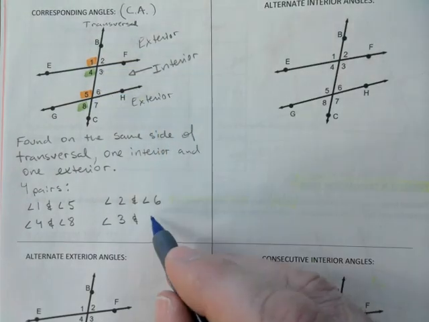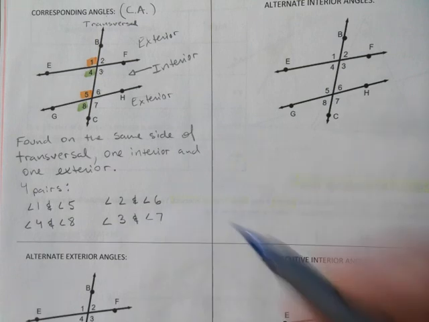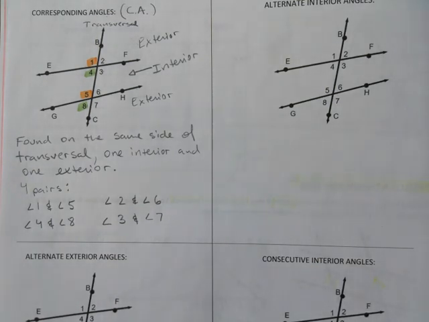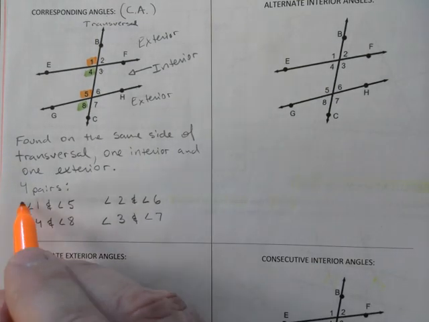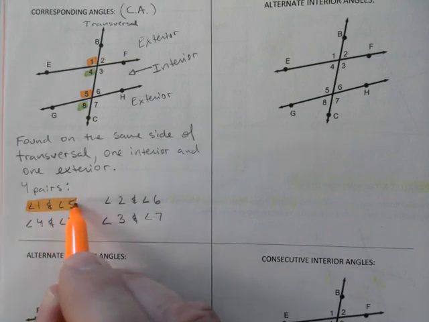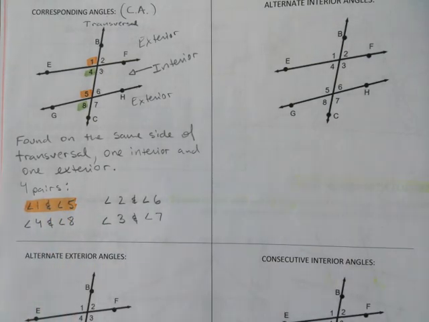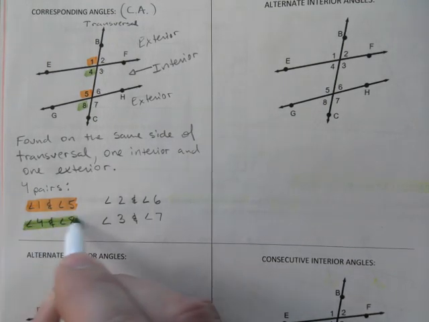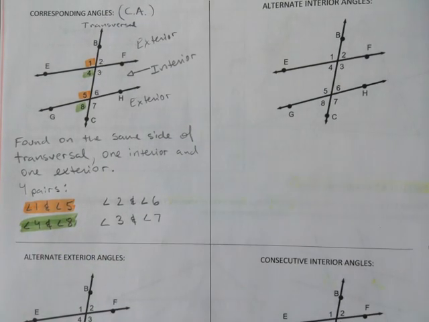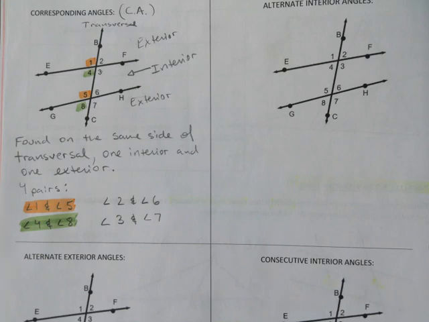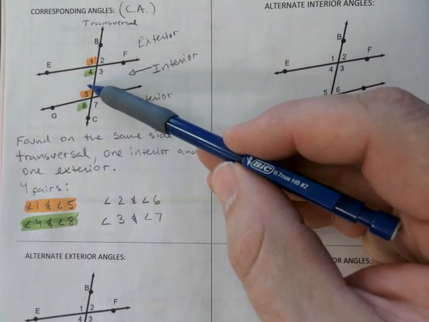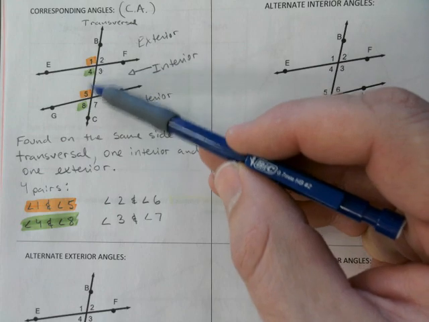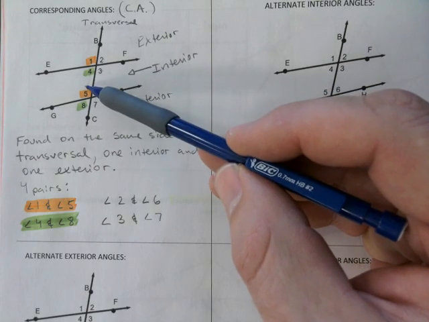Okay, 3 and 7. This is my first pair, and this is my second pair. Like 4 and 5 are not corresponding because they're both on the inside. Doesn't work.